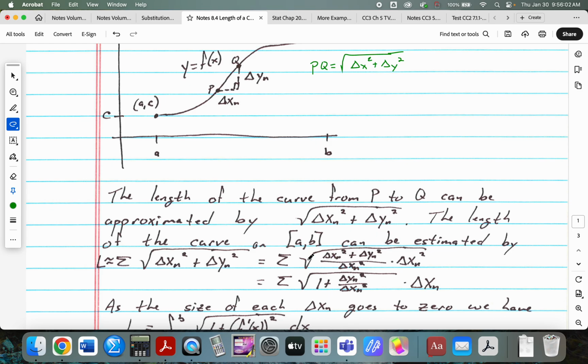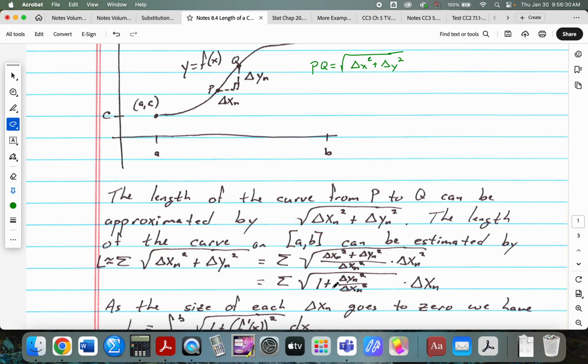Now, notice if I were to multiply the numerator and the denominator by delta x squared, so I take this and multiply it by delta x squared over delta x squared, but keep the one of the numerator off to the side so that it looks like this. And then I divide my numerator by the delta x squared in the denominator.